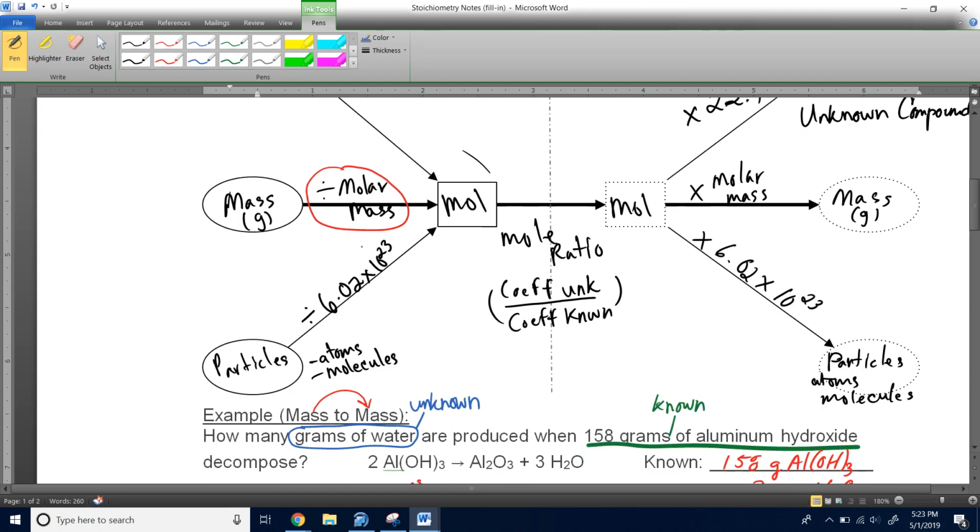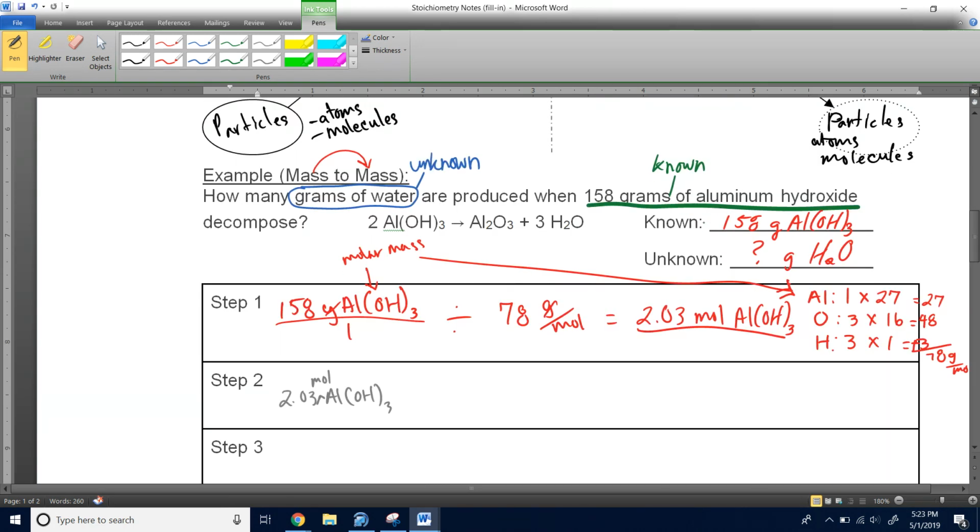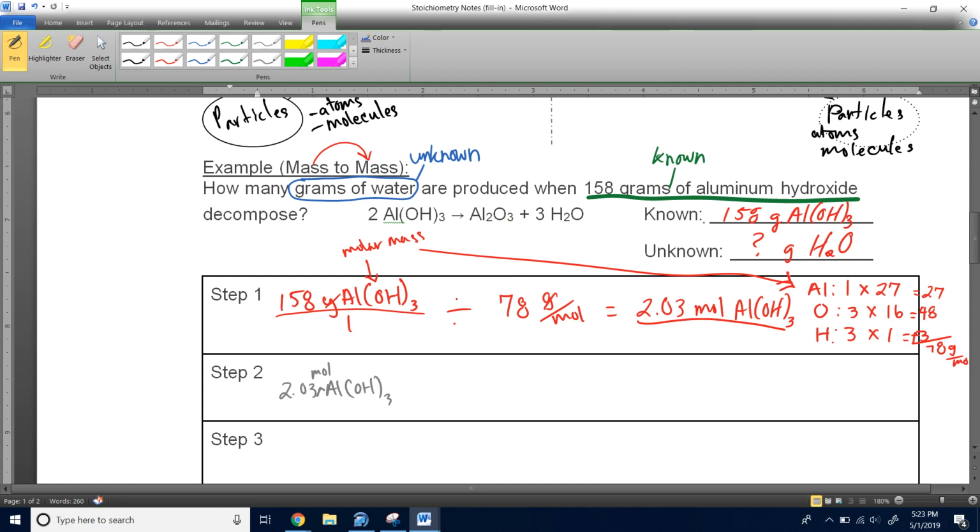Our next step is we're here in moles already. Now we want to go from moles to moles of the other compound that we're looking for, the unknown compound. So we go back to our equation and we figure out, what is the compound that we're looking for? And we see that we are looking for water.